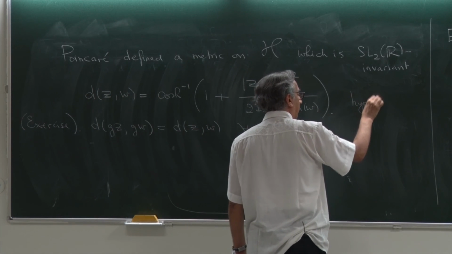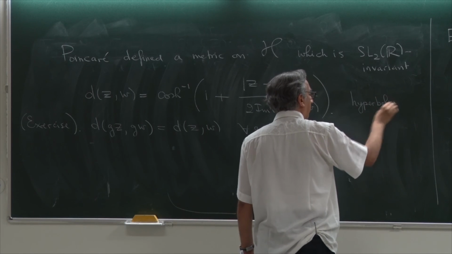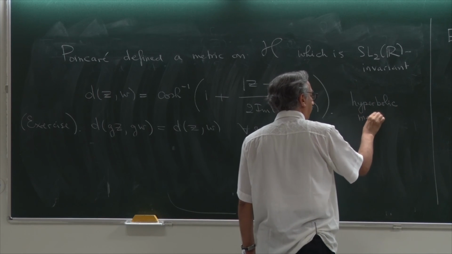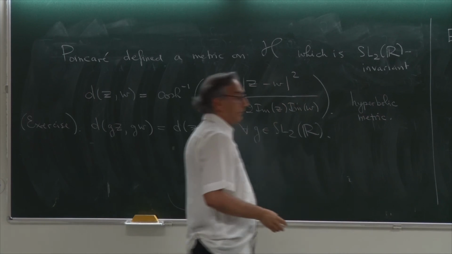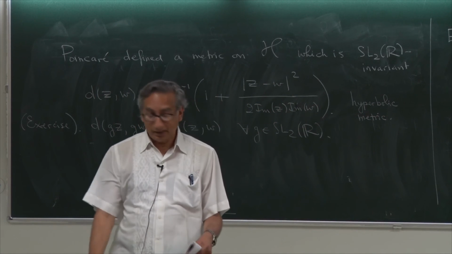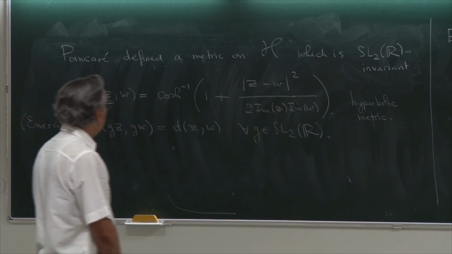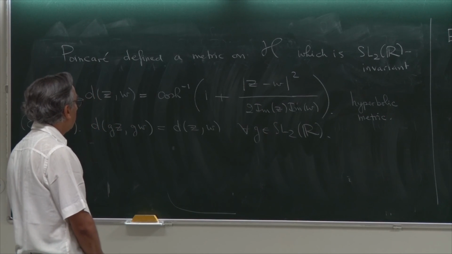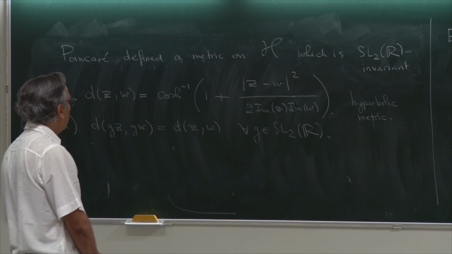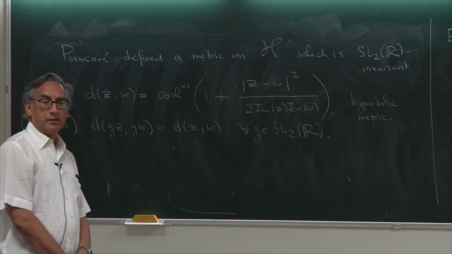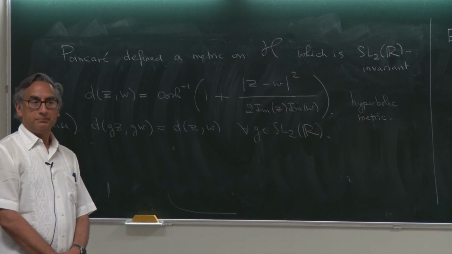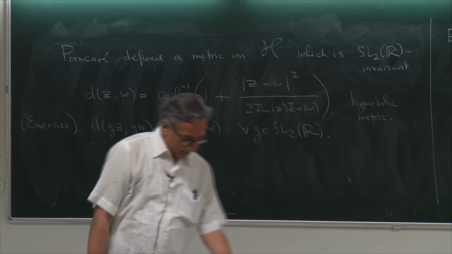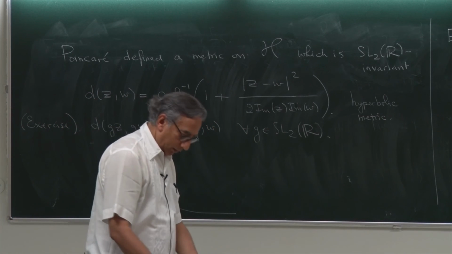And again, one can study this in its own right. There's a whole geometry that you can study, hyperbolic geometry, which is very interesting. For example, in this hyperbolic geometry, the angles of a triangle add up to less than 180 degrees.